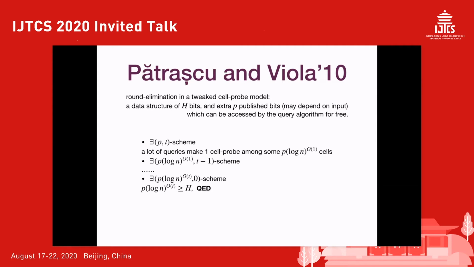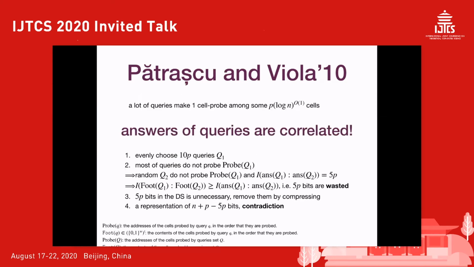So, the number of published bits in the final data structure cannot be less than the information theoretical lower bound. The key argument lies in publishing more bits and saving memory access. It is feasible since the answers of queries are correlated.